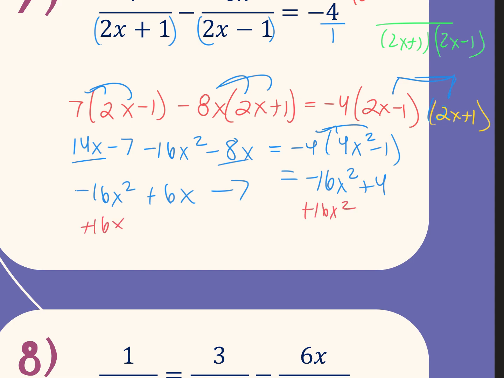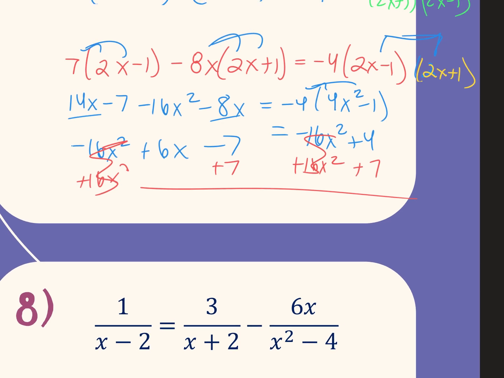What happens to my 16x squareds? They cancel, good. So now I'm going to add 7. So I have my x's on one side and my numbers on the other. So 6x equals 11. Divide both sides by 6. And what does x equal?